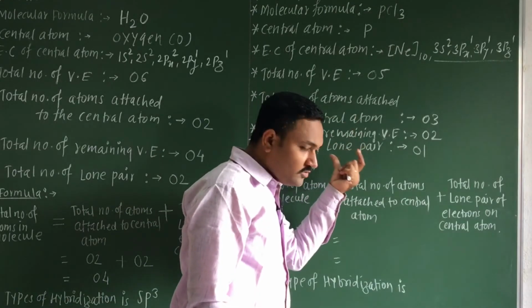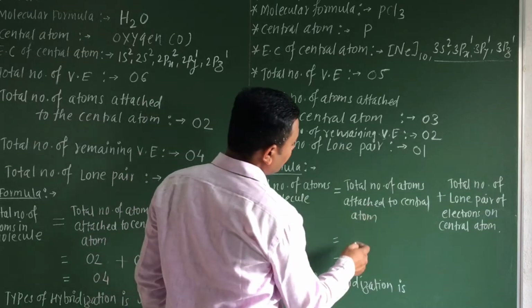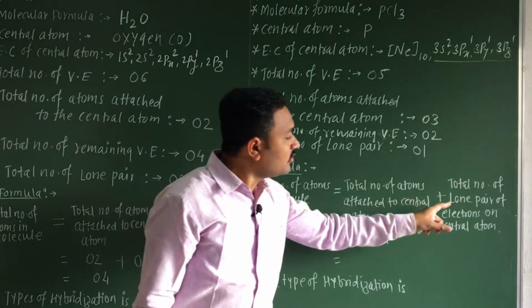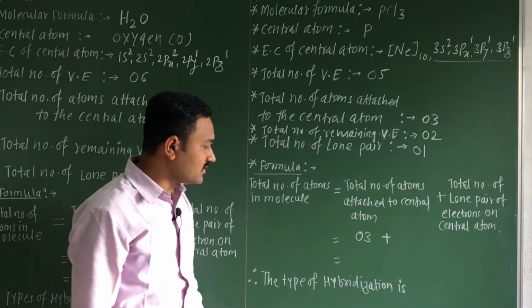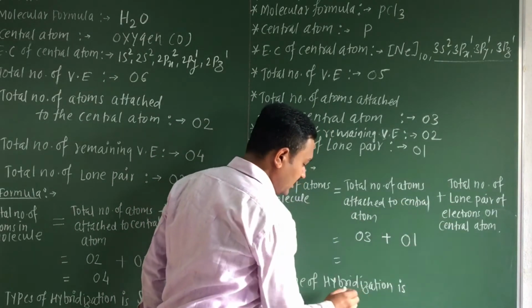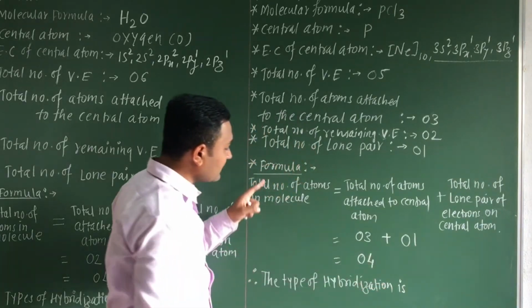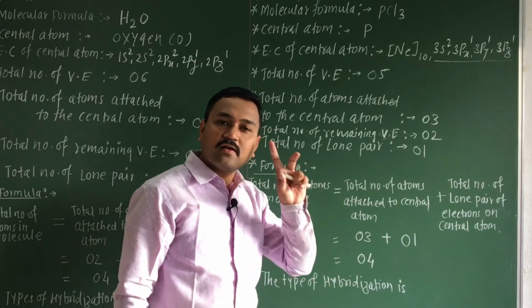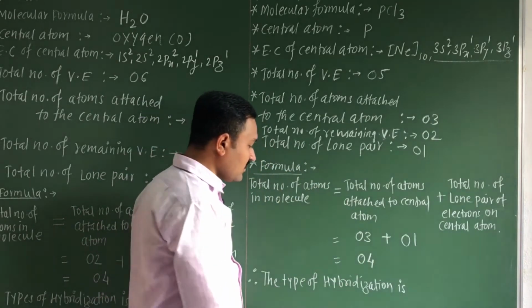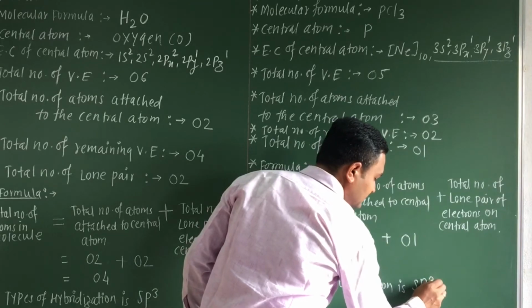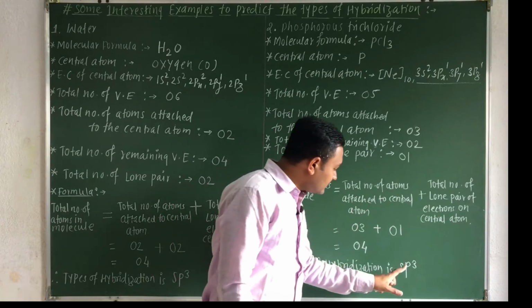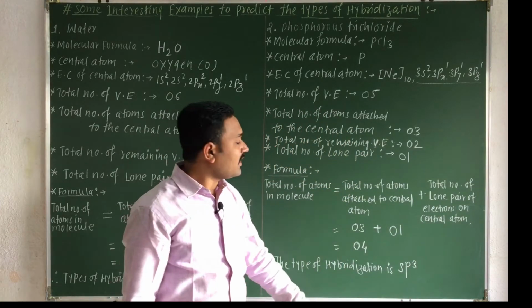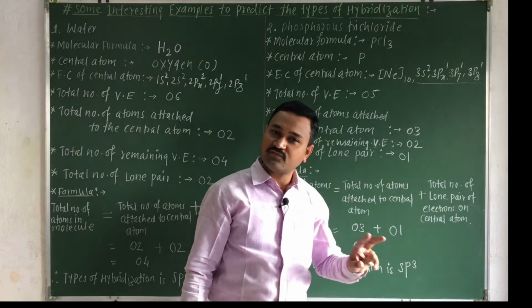Putting in the values, 3 atoms attached, as 3 chlorine atoms are attached, plus 1 lone pair, the total is equal to 4. If the total is 4, the type of hybridization is sp3. As you know, there is one s atomic orbital and three p atomic orbitals, so the total number of atomic orbitals involved is also 4.